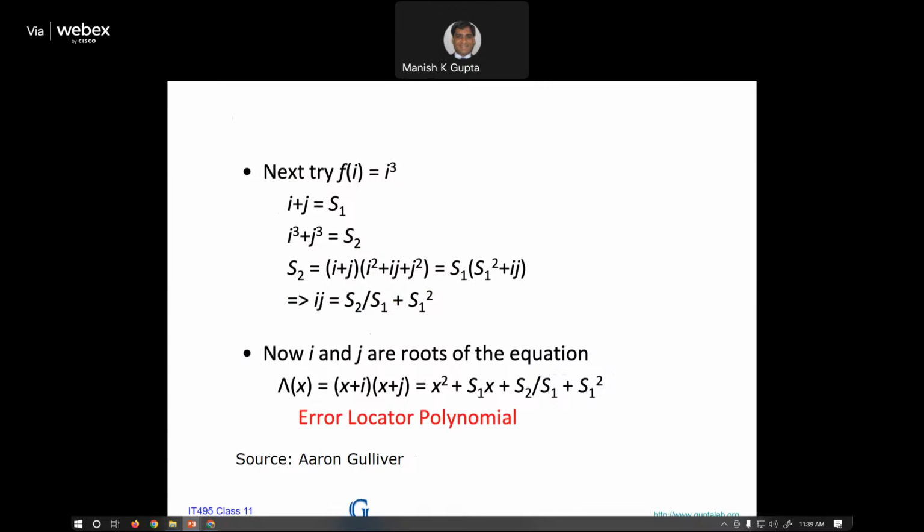So S1, S2 values you can place here, and you get the error locator polynomial. You can factor this to find I and J. These are distinct places where the error occurred. This is known as the error locator polynomial.